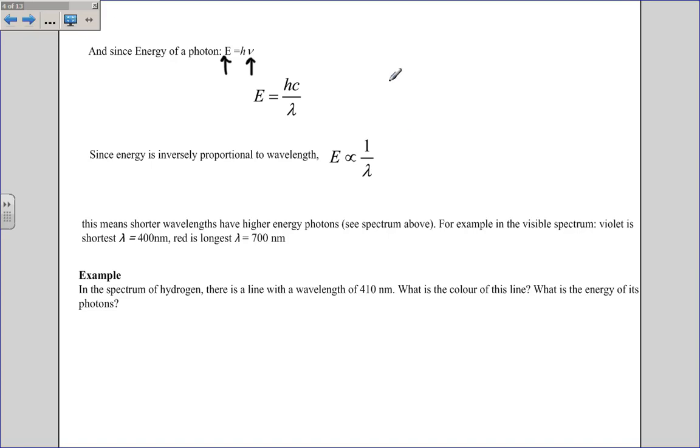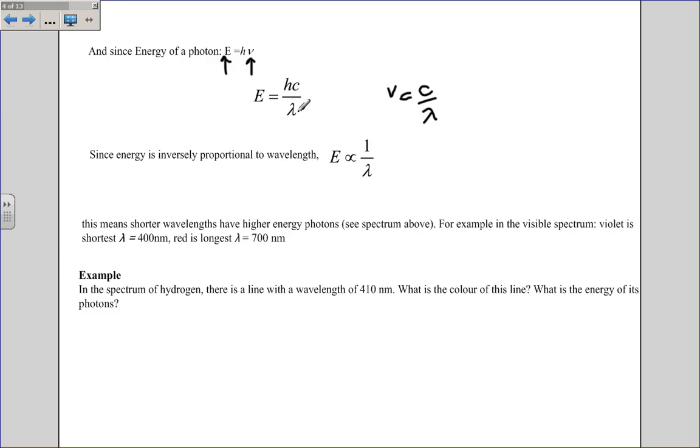If we sub in our universal wave equation, which is frequency is equal to c over lambda, if we sub that in for the nu here, we get a relationship of energy and wavelength. So energy is equal to Planck's constant times the speed of light divided by the wavelength.